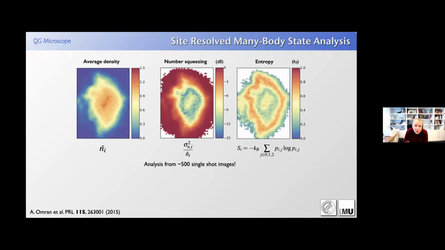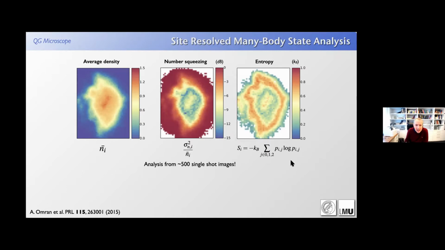You can calculate, for example, the local entropy. If you remember your statistical physics course, the entropy is just defined by the probability of a certain configuration to occur times the logarithm of that probability. And then we have the different on-site occupations that can occur, 0, 1, or 2 atoms, for example, in the system. And by measuring this occupation, we have access to the probabilities of those configurations, 0, 1, and 2, on each lattice site.